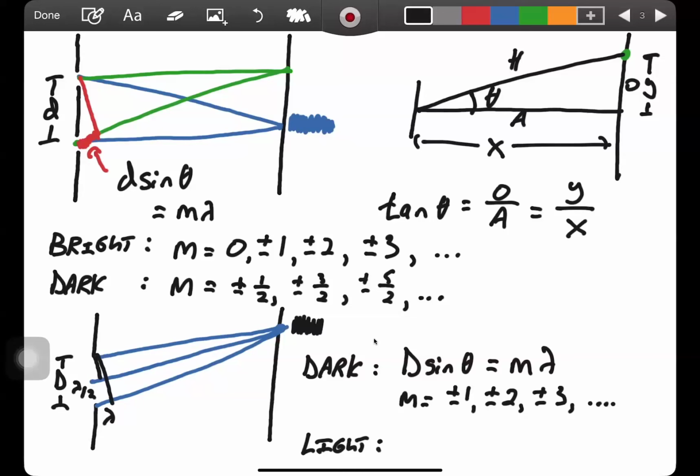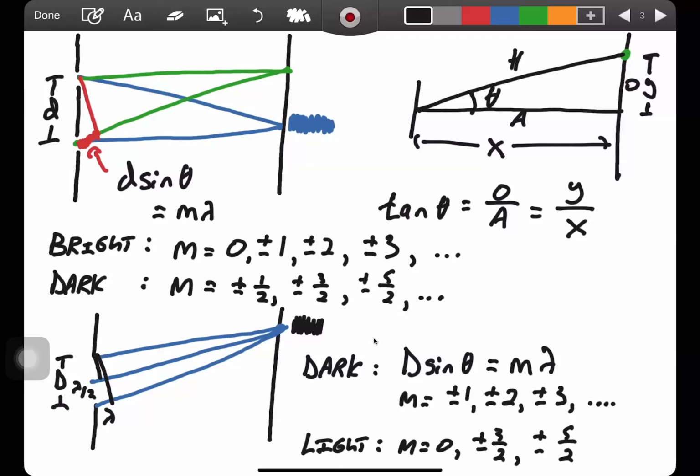And for light regions, you're just going to have them in between. You're going to have m equals 0, of course. That's going to be the central maxima. But then you're going to have plus or minus 3/2. That's between the 1 and the 2. Plus or minus 5/2.